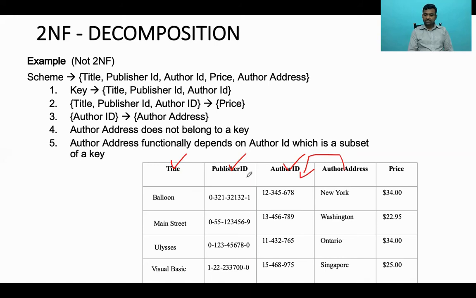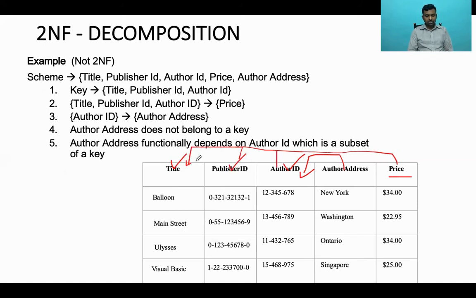Author address has nothing to do with publisher ID, and nothing to do with title. So among these three possible primary keys, author address is only dependent on author ID. But price is dependent on all the three.